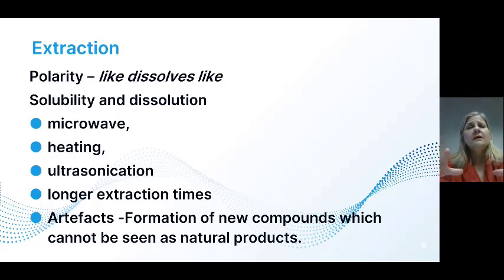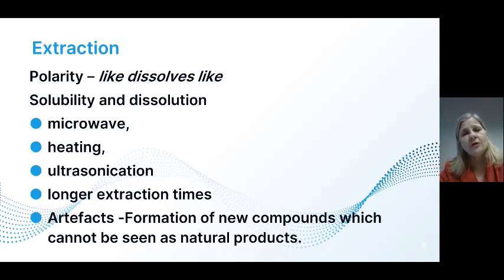So keep in mind that when you have an extraction, you either have to use more than one solvent, more than one extraction procedure, or you have to focus on a specific type of metabolite for your extraction.